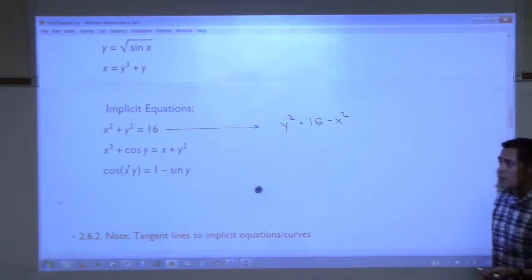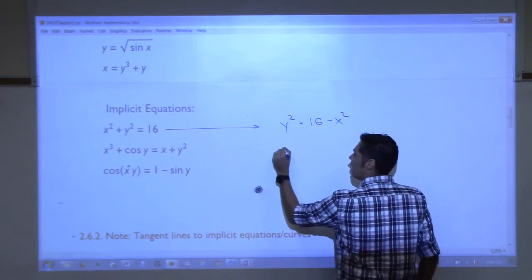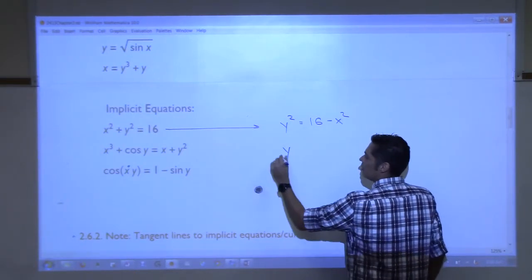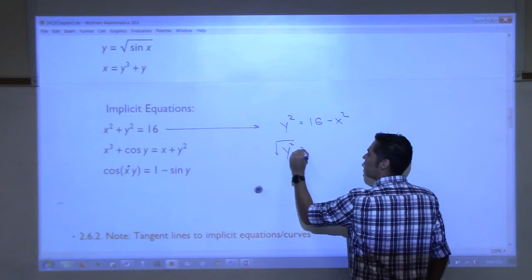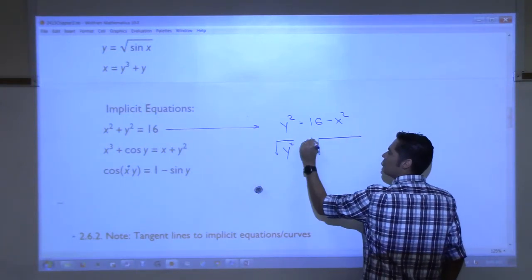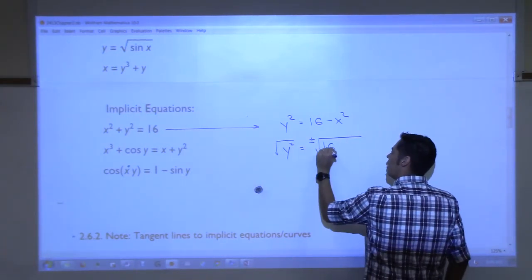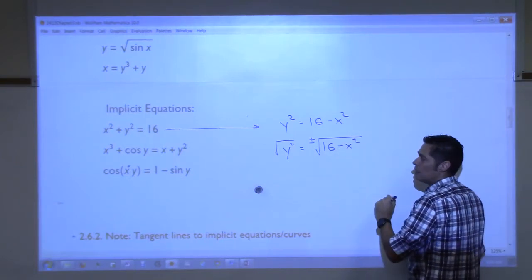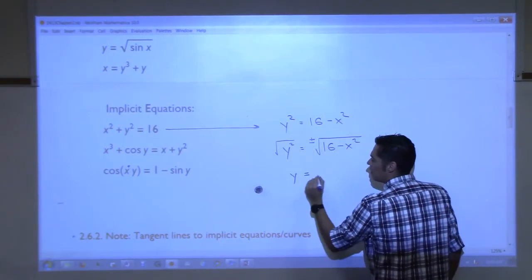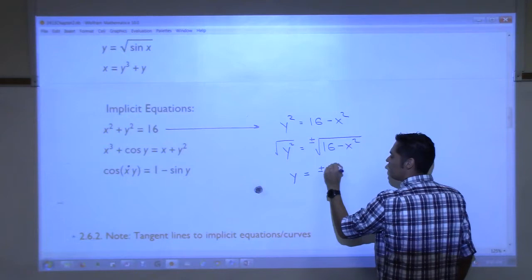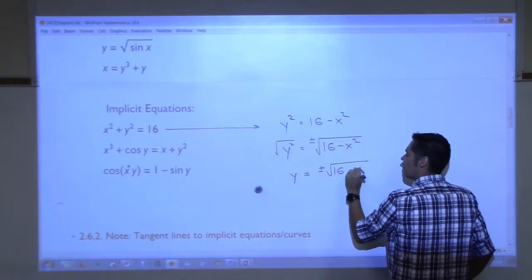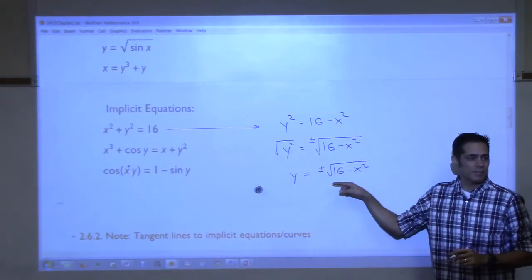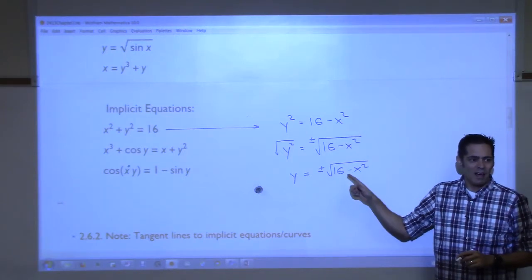Take the square root. But there's a problem. What happens if you take a square root on both sides of an equation? You have to do plus or minus. So you get y, but it's not explicit because there are actually 2 definitions of y, a positive case and a negative case.